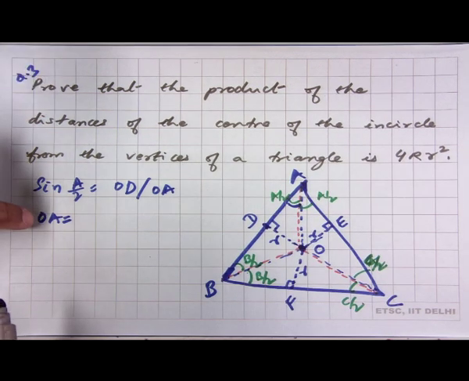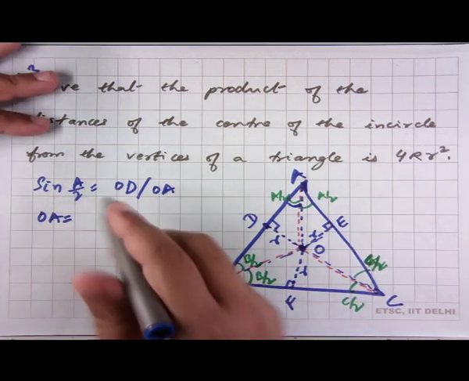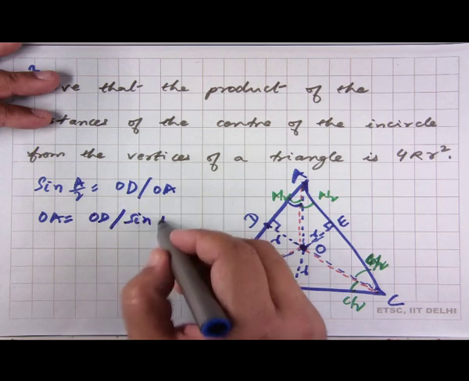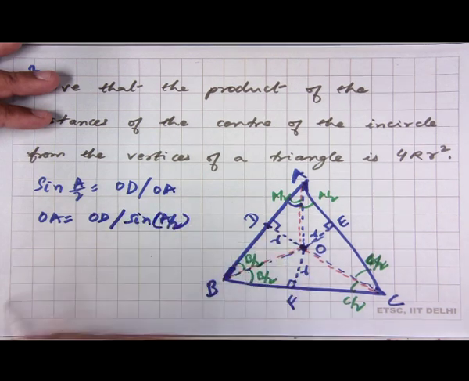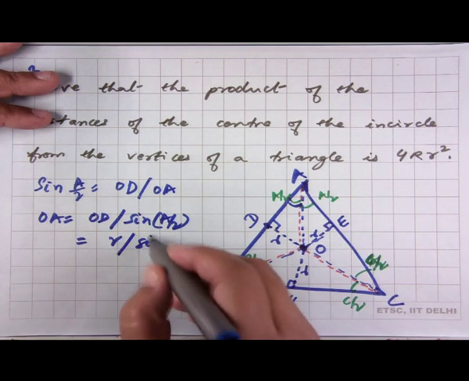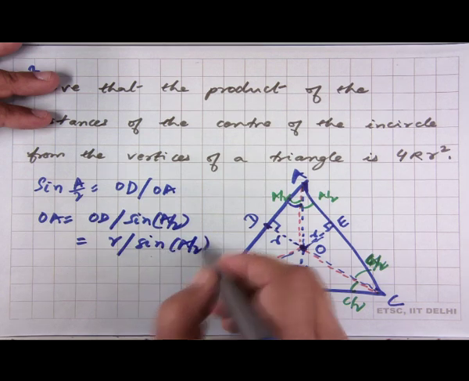From this equation it follows that OA is equal to OD upon sine of A by 2, but OD is nothing but the inradius r. So, OA is equal to r upon sine of A by 2.